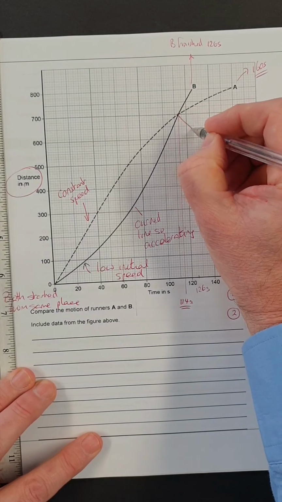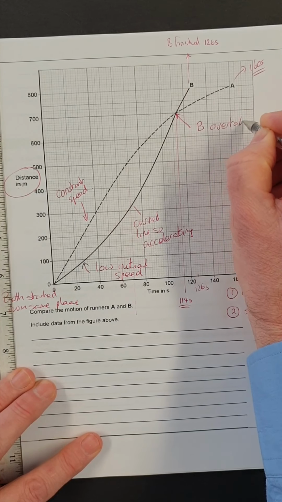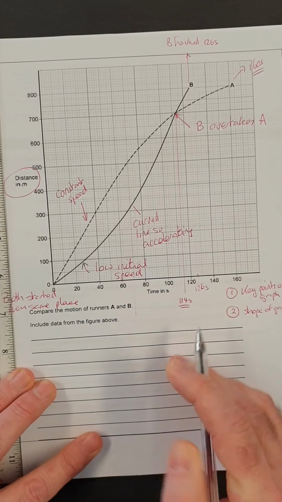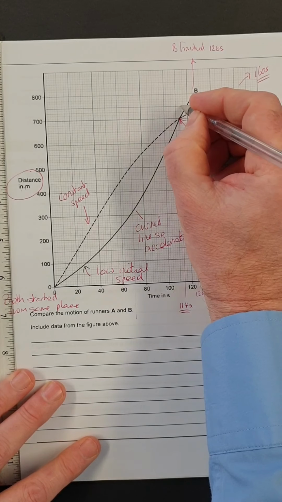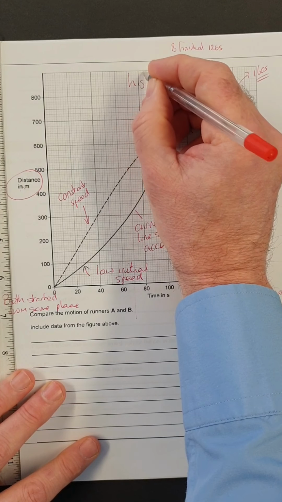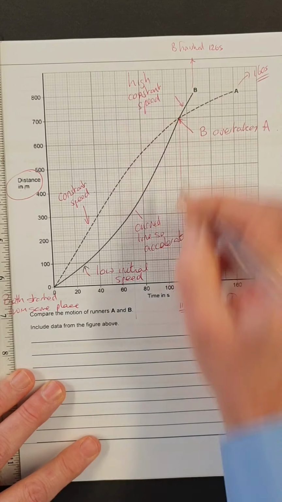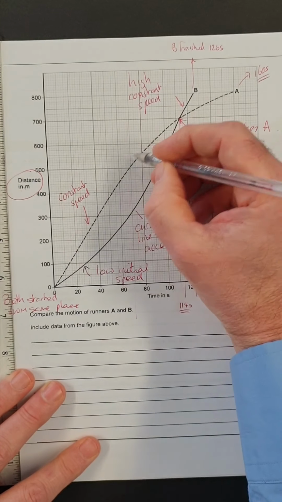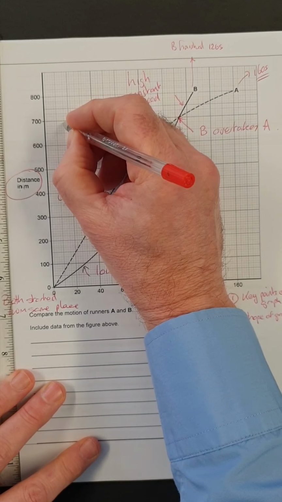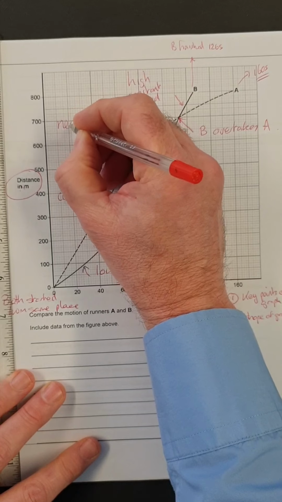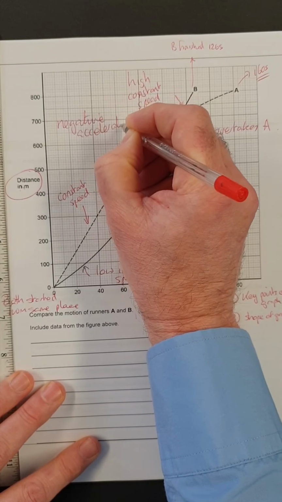At this point, then, B overtakes A. Okay, and we can see from here on, B is moving at a high constant speed. Whereas we see that for A, after this point here, the line is curved, so it is acceleration, but it's going to be negative acceleration or deceleration.